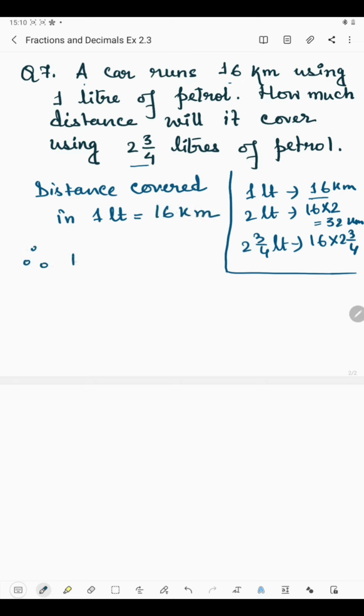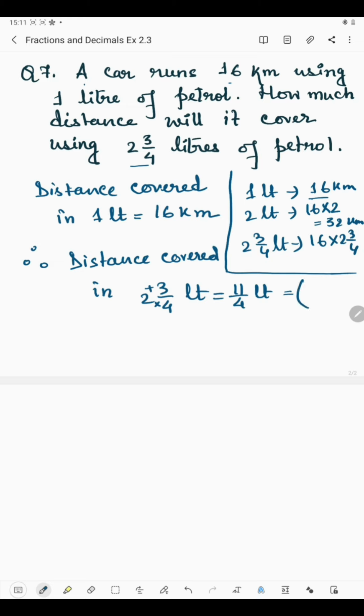Therefore distance covered in 2 3 by 4 liters. 2 3 by 4 liters means 2 4's are 8, 8 plus 3 is 11, 11 by 4 liters it will be 16 multiplied by 11 by 4, right?